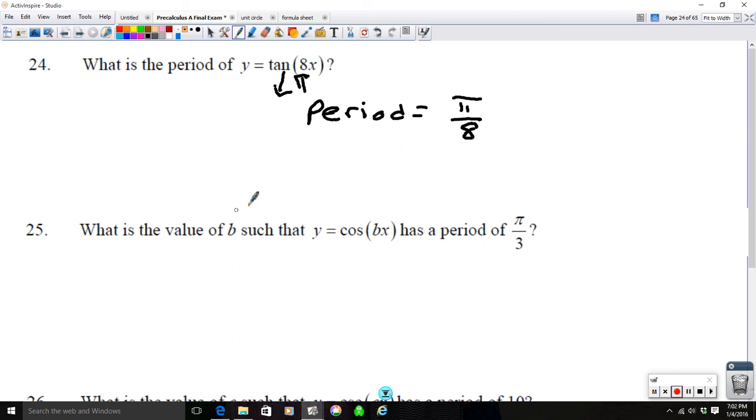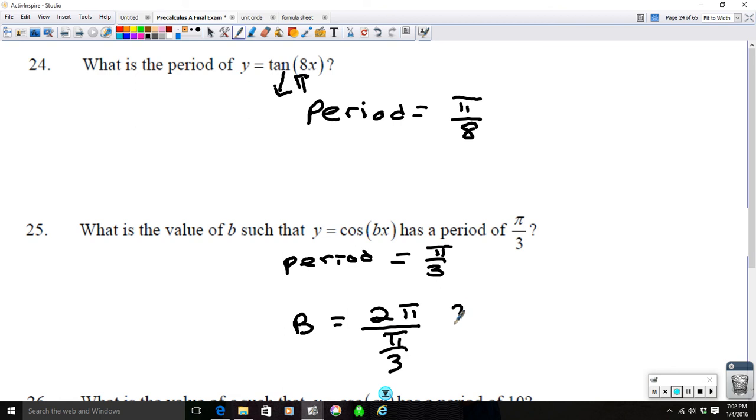For number 25, the value of b, such that cosine bx has a period of pi over 3. So b is 2 pi, because it's cosine, over the period, which is pi over 3. 2 pi divided by pi over 3 is 2 pi times 3 over pi. These cancel out, and that is equal to 6.